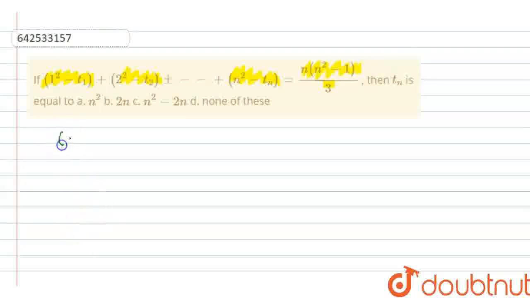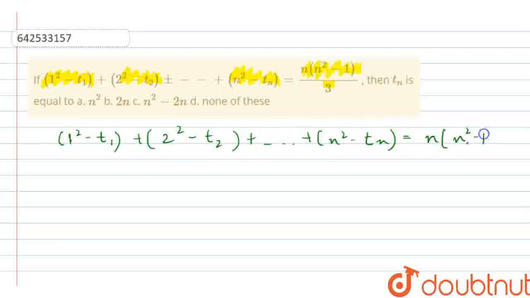So I'm writing down the given, that is 1 square minus t1 plus 2 square minus t2 plus this proceeds up to n square minus tn, and the given series is equal to n into n square minus 1 upon 3. Okay, now we are going to separate the series.